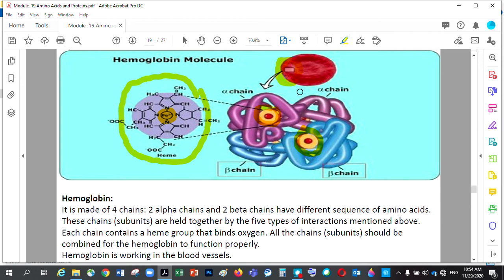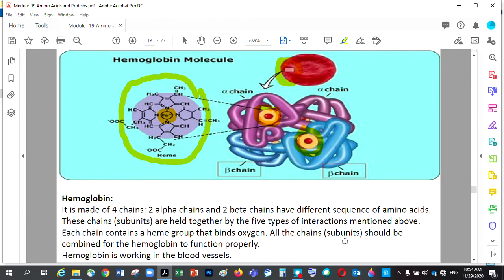And again, those 4 subunits are held together by the different types of interactions we mentioned before, those intermolecular force interactions. So each chain has to have what? It has to have a heme group that binds to oxygen, correct?